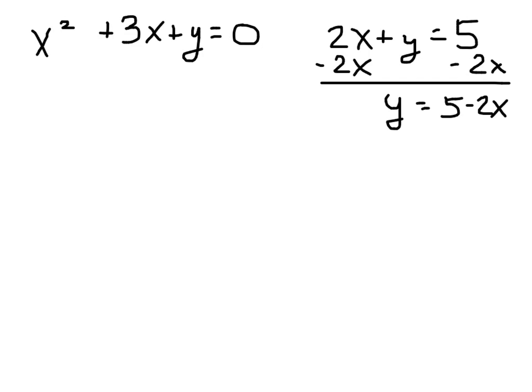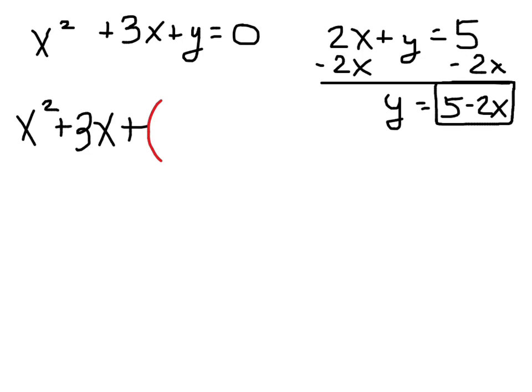Did you do step 1 with that? Yes, you did. Step 2, you're going to take the solved equation and plug it into the other equation for that letter. So x squared plus 3x plus 5 minus 2x equals 0.